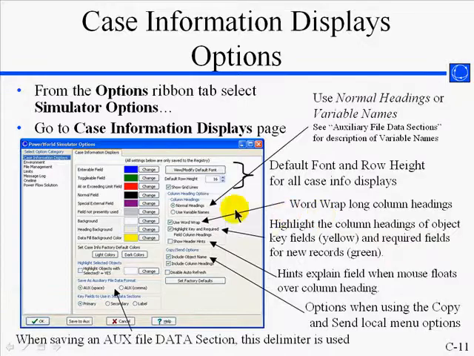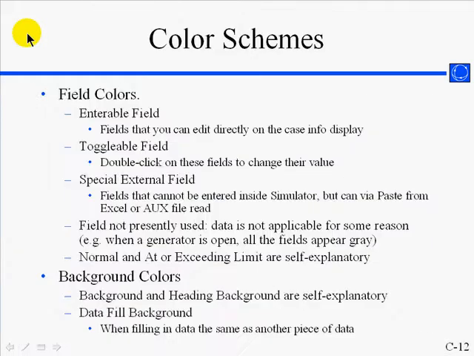And the slide here describes some of the other features that are available on the case information display options. And this color scheme slide here again describes some of the different field types that you can set separate colors for. And then also the background colors in the case information display.